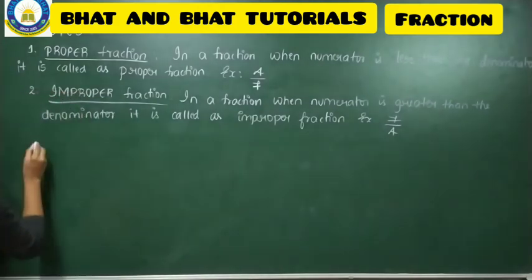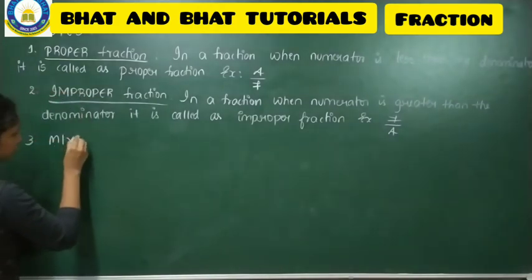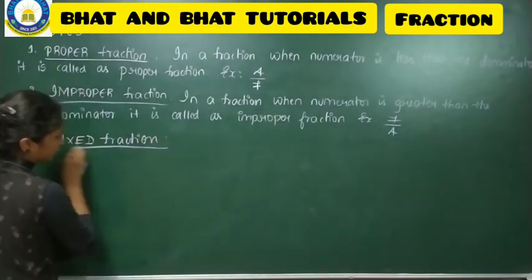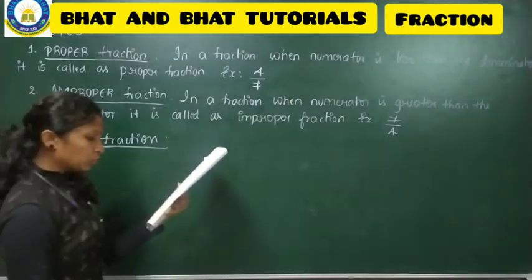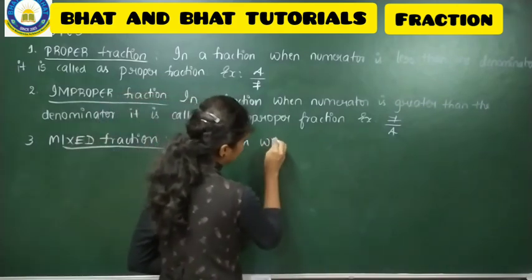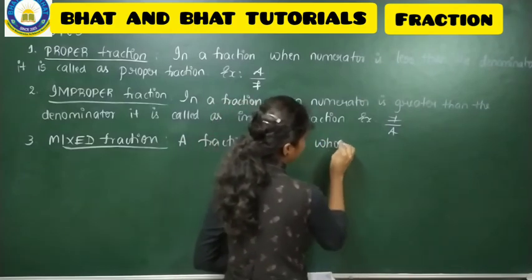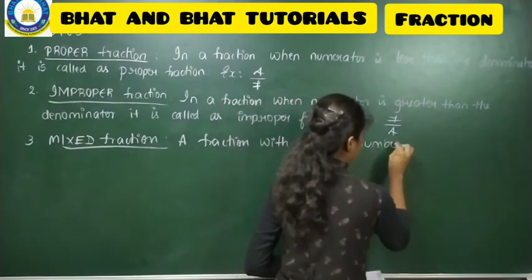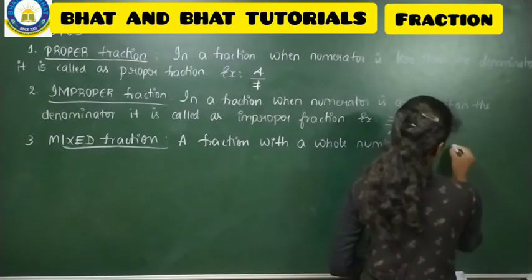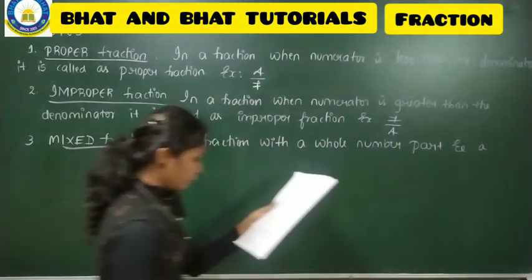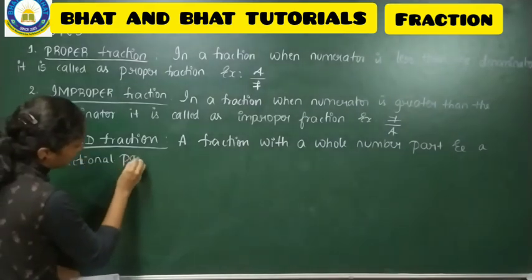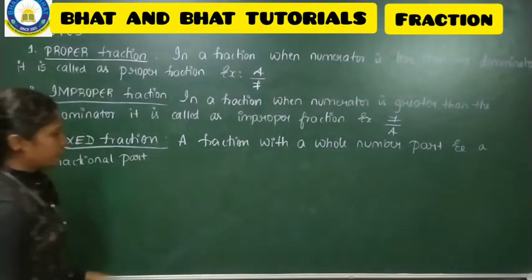Okay. The next type is mixed fraction. The meaning of this is as follows: a fraction with a whole number part and a fractional part is called a mixed fraction.